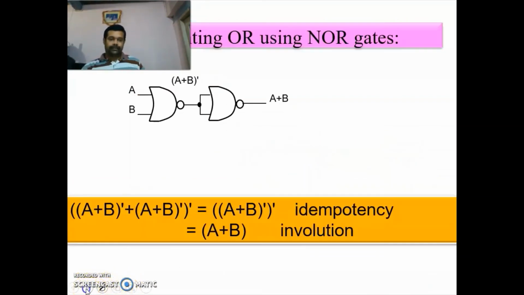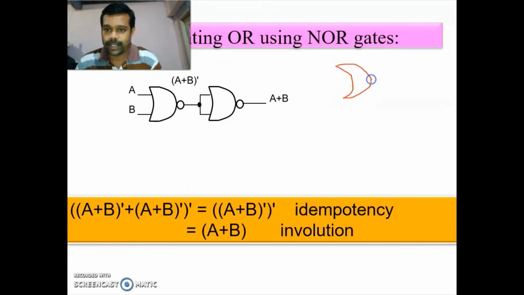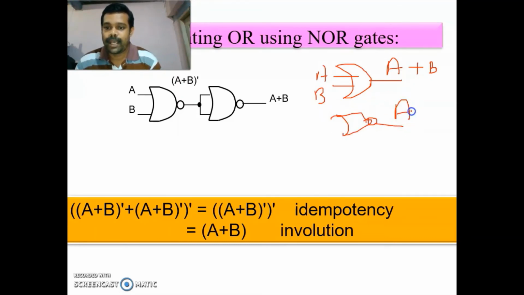Next, implementation of an OR gate using NOR gates. So this is an OR gate. When you give the inputs A and B, you will be getting A plus B. But when you give the same inputs to a NOR gate, what you get is A plus B, the whole bar.